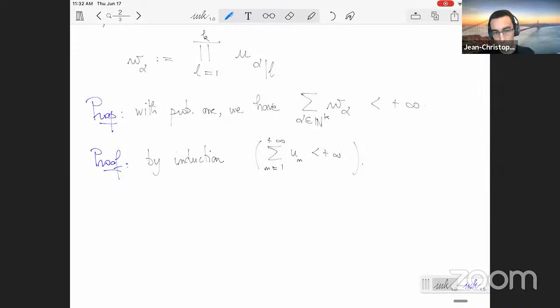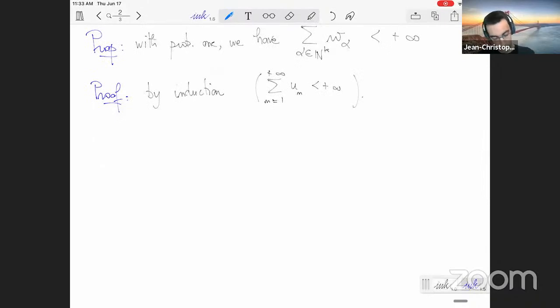All right. Taking this statement for granted, we can now define these normalized weights, and this is what a Poisson-Dirichlet cascade is: these weights normalized so that they sum to 1. Definition. Let me record the choices of parameters.